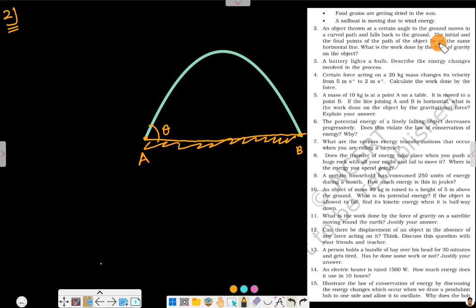So here you can have two different routes or two different methods of solving this question.